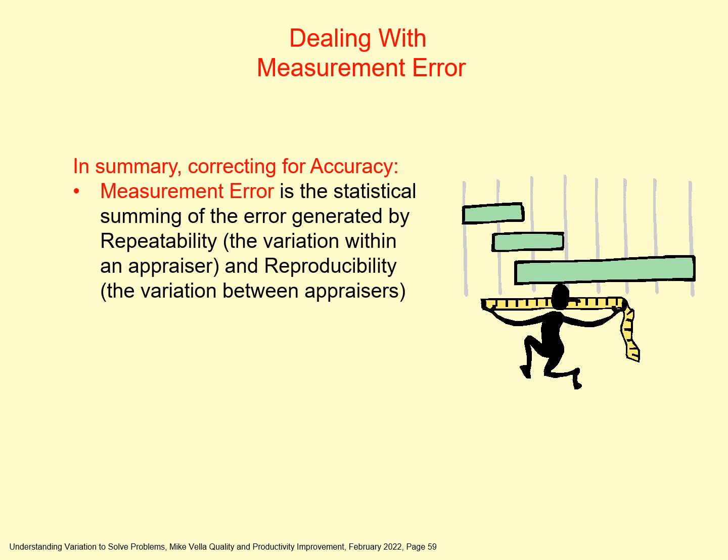So altogether, after correcting for accuracy, measurement error is a statistical summing of the error generated by repeatability and reproducibility. If you can move accuracy and zero it out, reproducibility and repeatability are the issue that we're talking about overall in terms of measurement error.